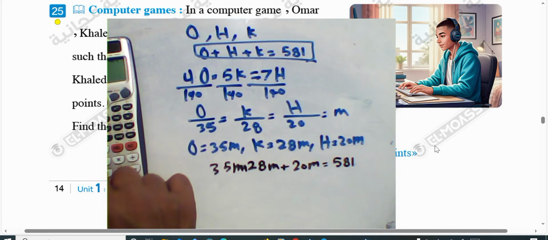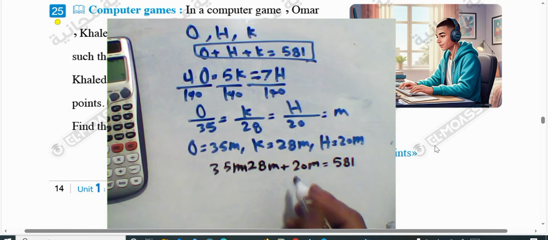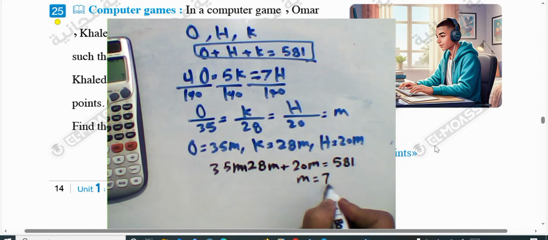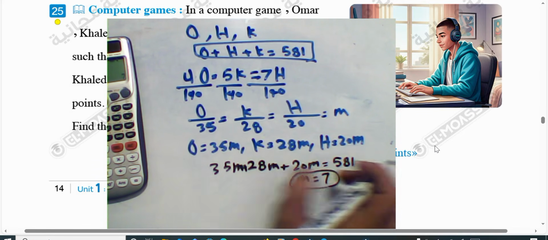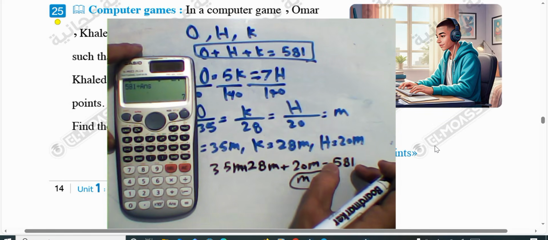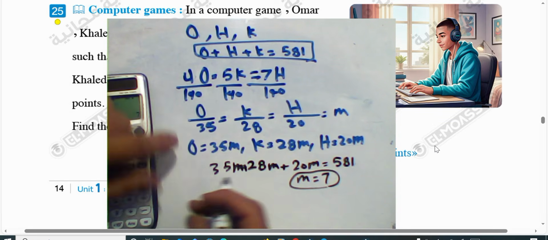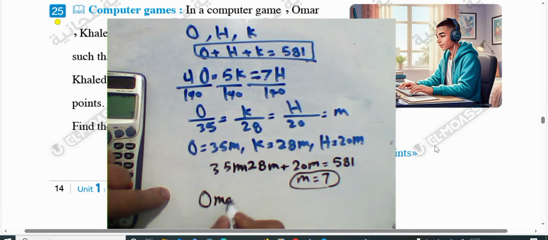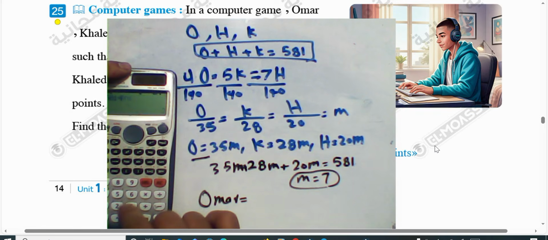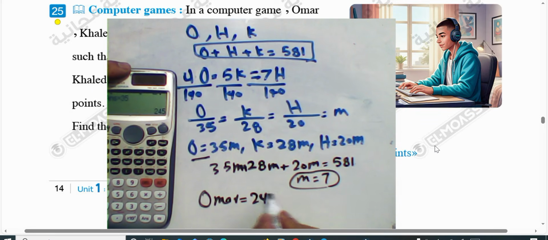Then 581 divided by 83, then M will be 7. We collect the 3 numbers, and then 581 divided by the summation, the result will be 7. Then the points of Omar will be 35 times 7 equals 245 points.